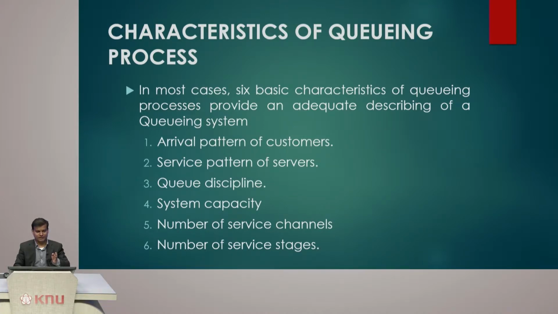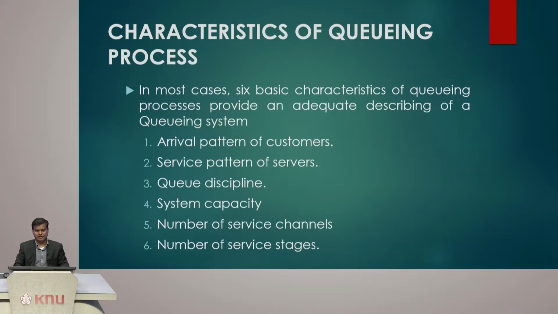So that's a kind of discipline, first in, first out. System capacity: how many customers the system can handle. Number of service channels: how many service channels or servers there are. Number of service stages.